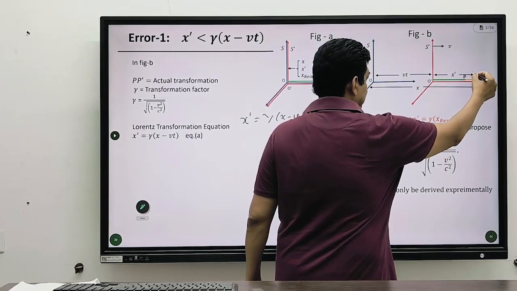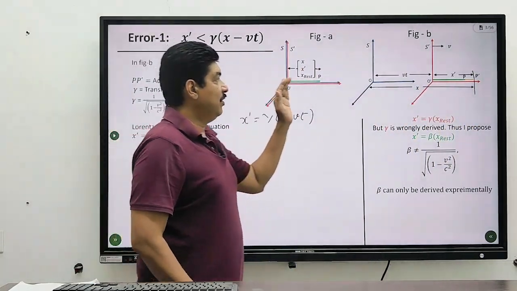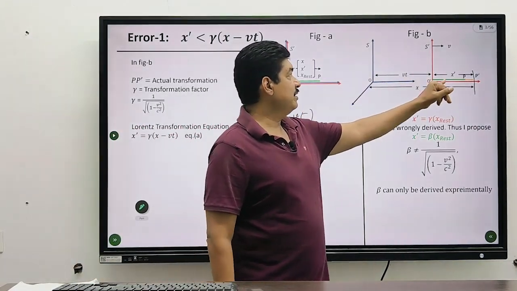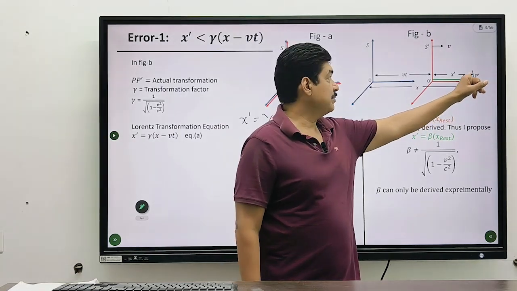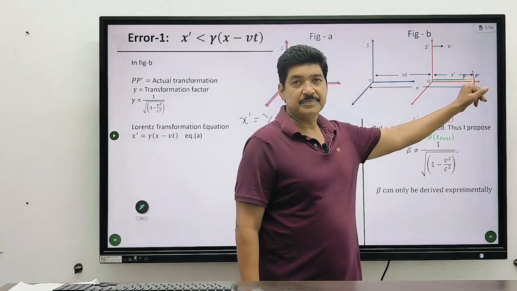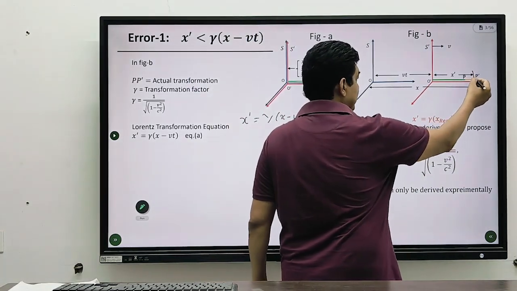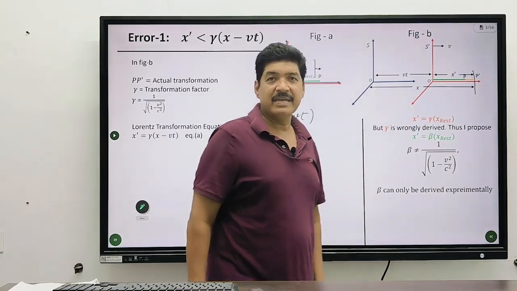We will measure up to here. This is the value of x we are getting. How are we getting it? We send a probe from the stationary frame into the moving frame and find the position of point P. So you get the transformed position of point P, and they have considered that as x.